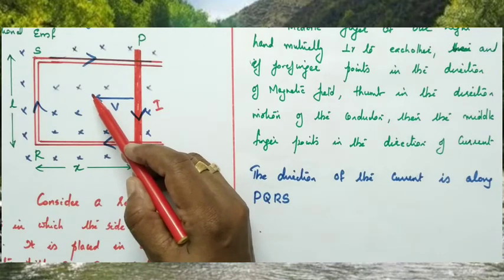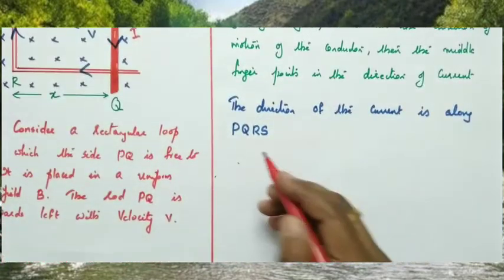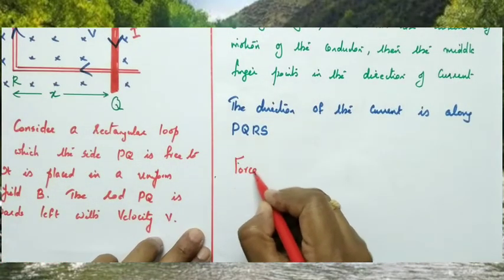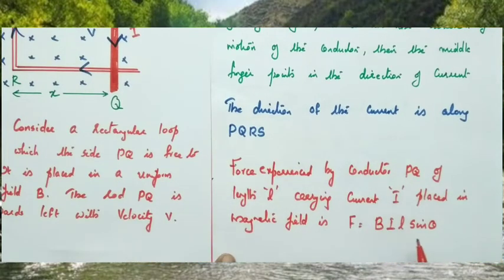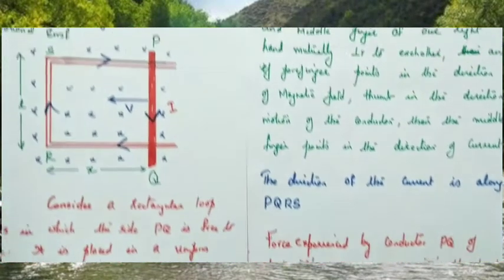It experiences a force. The force experienced by the current carrying conductor is given by F equal to BIL sin theta. What is the angle theta here? Theta means the angle between the magnetic field and the length in the direction of current.